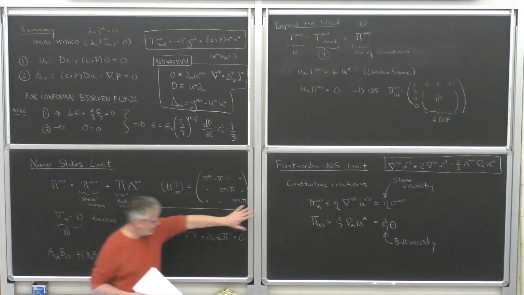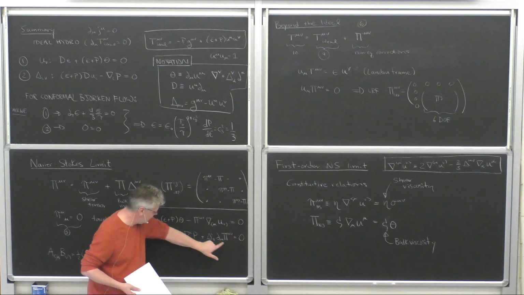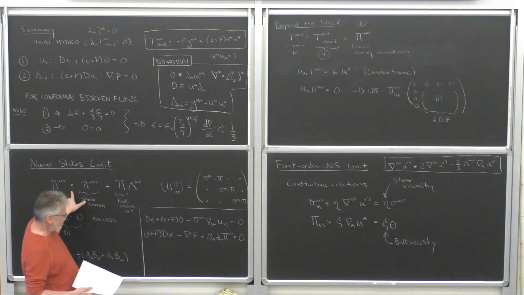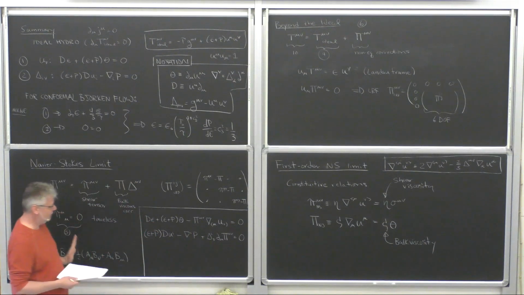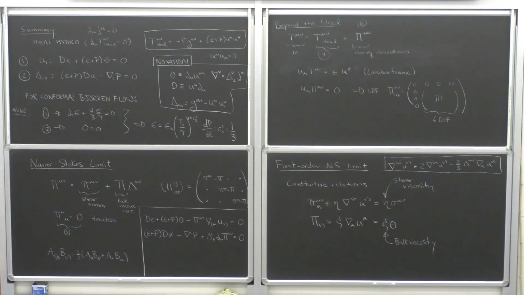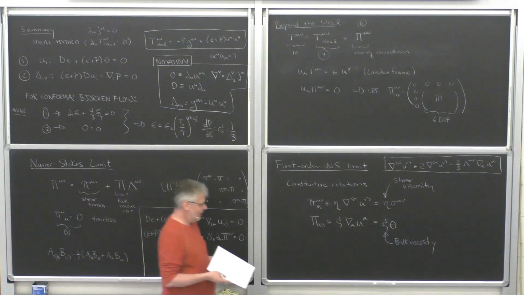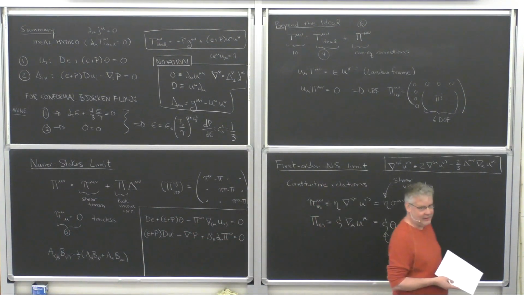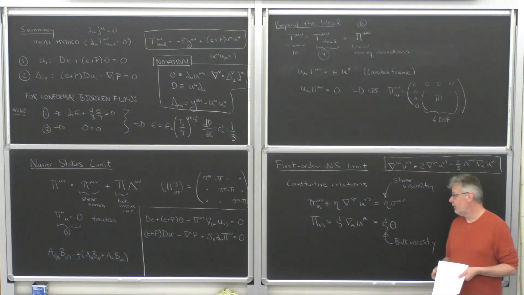So if you just take these two relations, plug them in here and here, write pi out, plug it in here, you'll get a mess. You'll violate causality. So something else had to be done. And that something else started in the 70s with Mueller, Israel, and Stewart, and we'll come to that in a second.